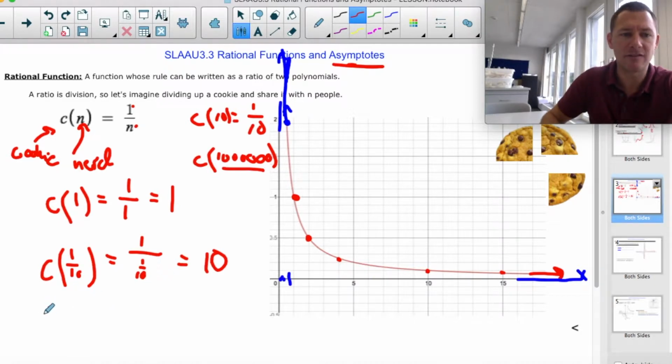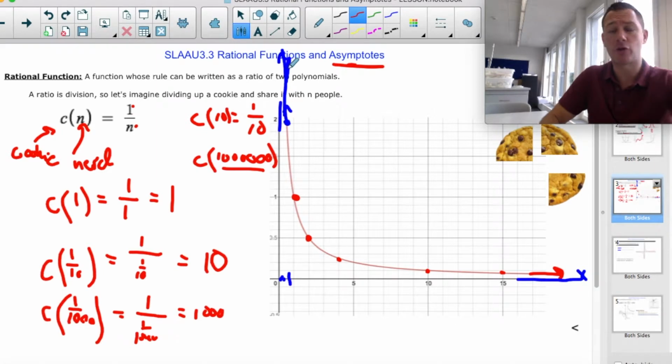And so if you did C of 1/1000th, which is really close to 0, you'd get 1 over that fraction, which is just the denominator, which is just 1,000. So it gets big, big, big, but never crosses over negative. It never crosses this way. Right? Okay, so that's just kind of a rundown of those.